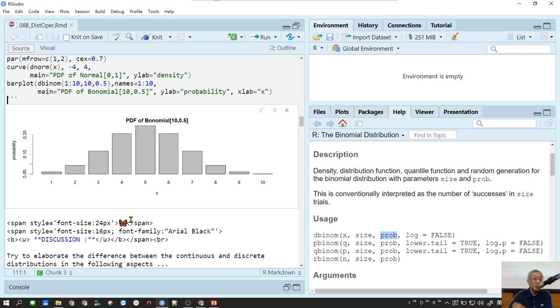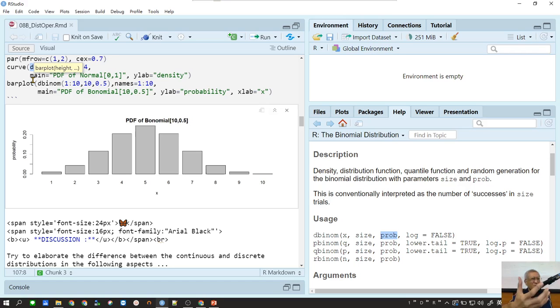So the d function is a little bit complicated, right? For continuous functions it is usually not very useful, because the density by itself does not represent probability. For a continuous distribution, the d function is usually just used to draw the PDF for your understanding.